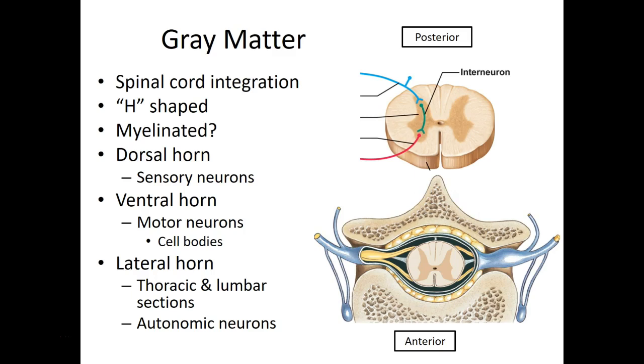So if you damage the spinal cord, are you going to compromise the ability of those motor neurons to properly communicate with skeletal muscle? Absolutely. All right, so sensory and then motor neurons.